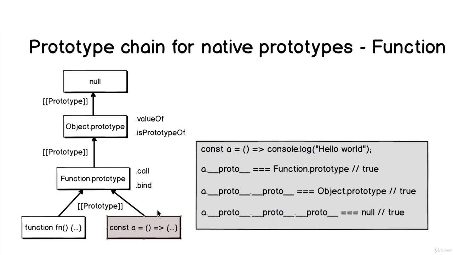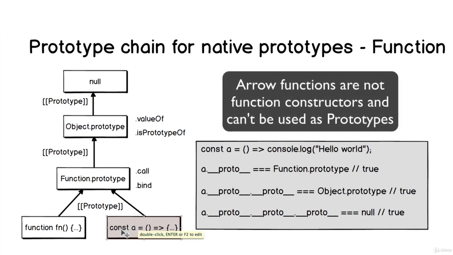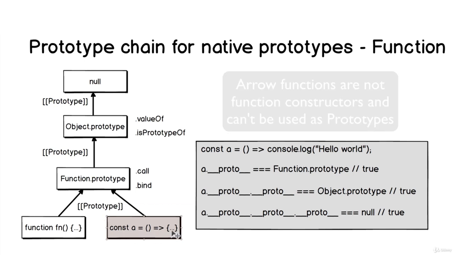But there is an important difference between those two function types. Regular functions are function constructors. It means that they have a prototype property and can be used as prototypes for other instances of those functions. But arrow function expressions assigned to variables don't have this property.